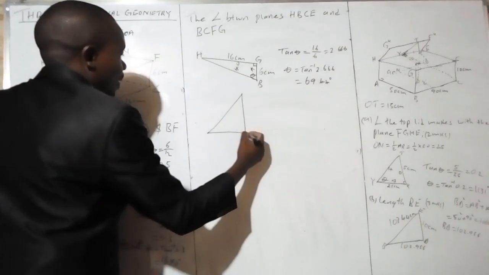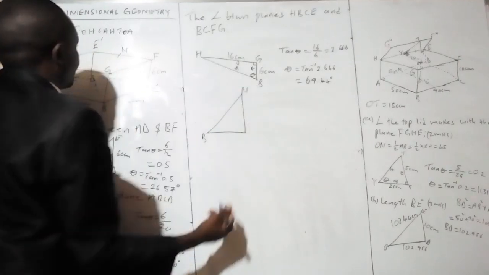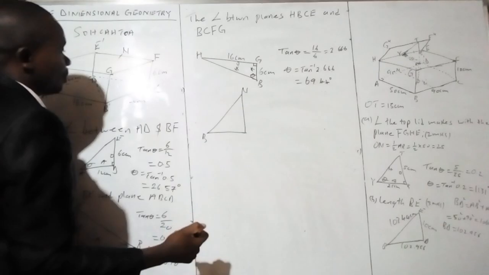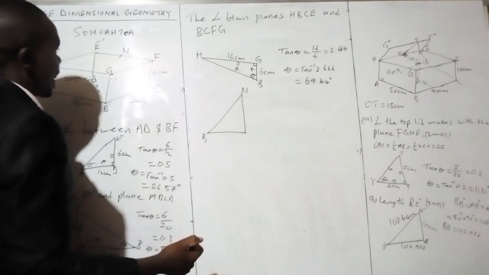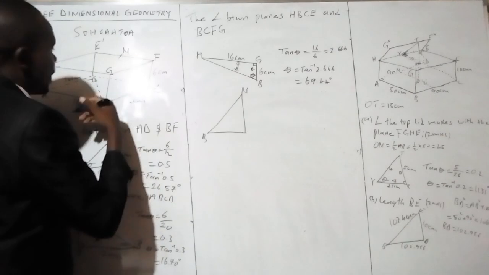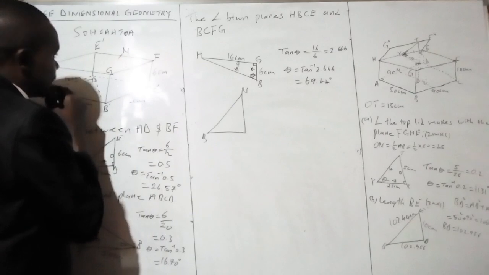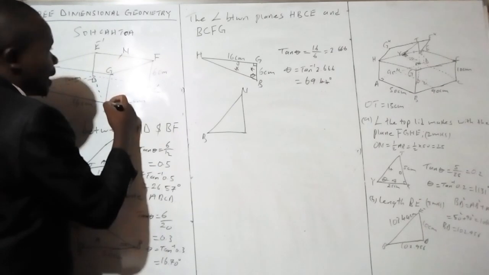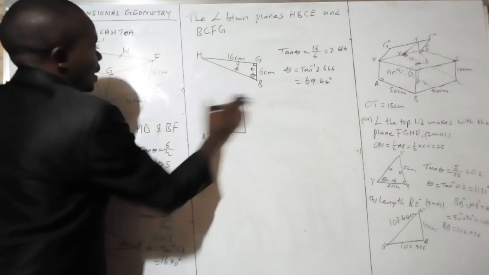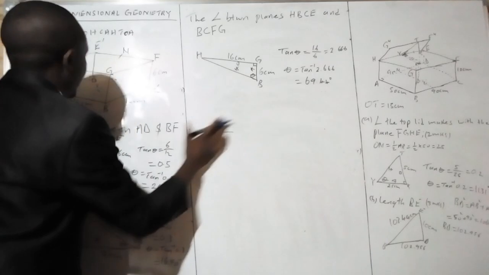We extrapolate and say B is there, N, then BN. Yeah, we can invert it like this.